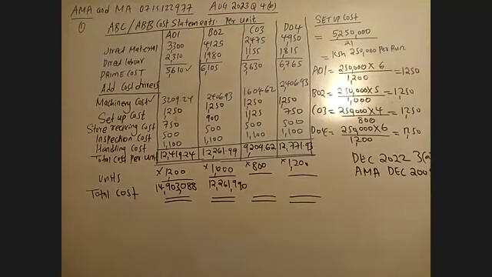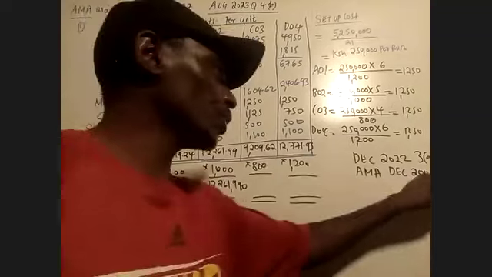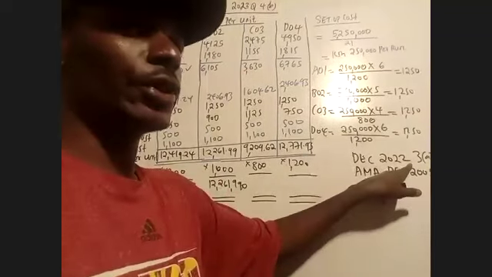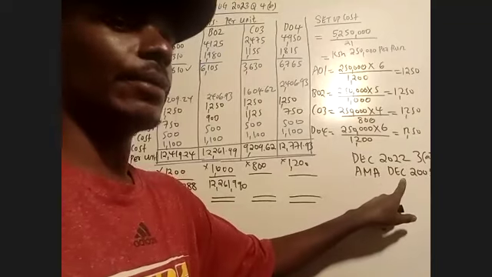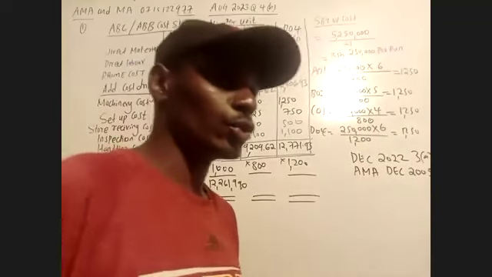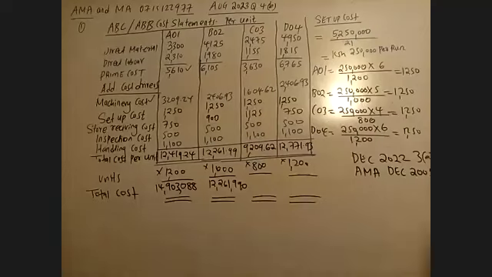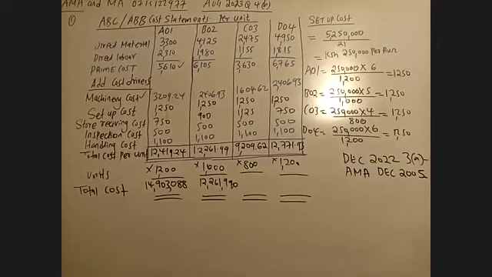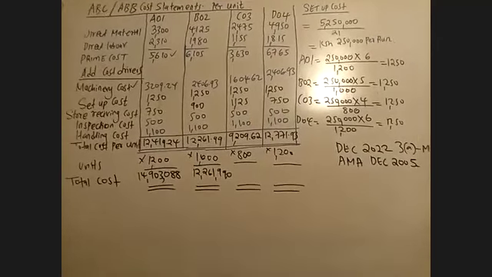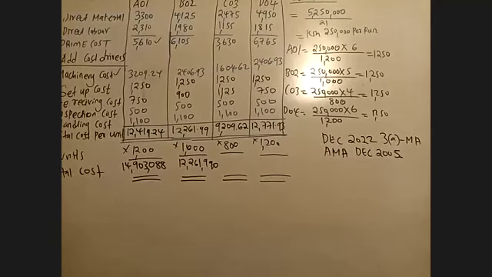So those who did MA in December 2022 did the same question that was tested in advanced MA December 2005. Now, if you have the advanced MA paper, you shall confirm later.